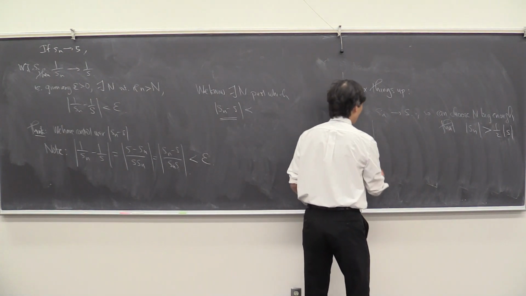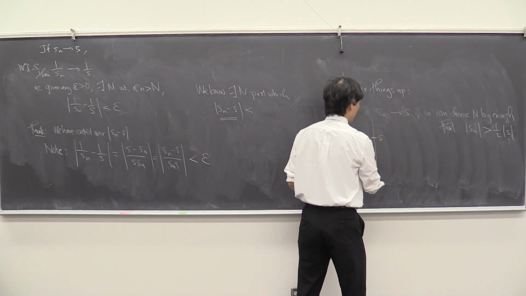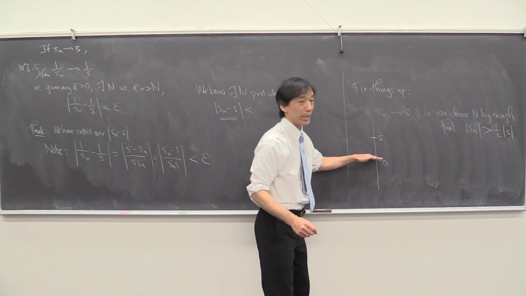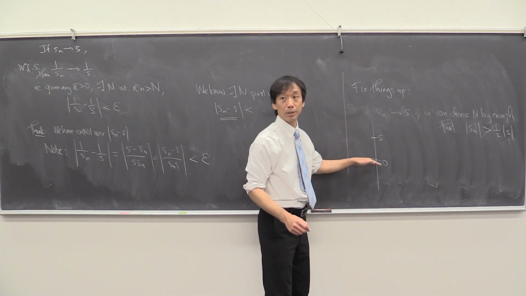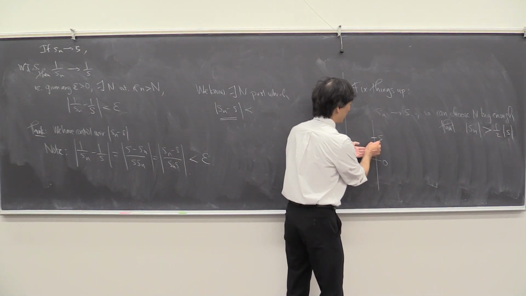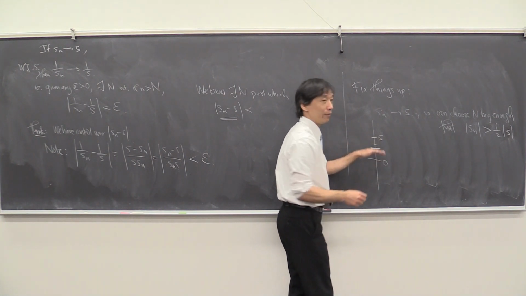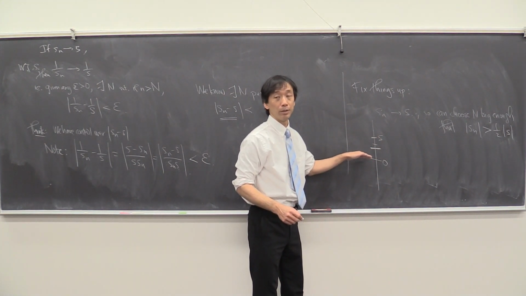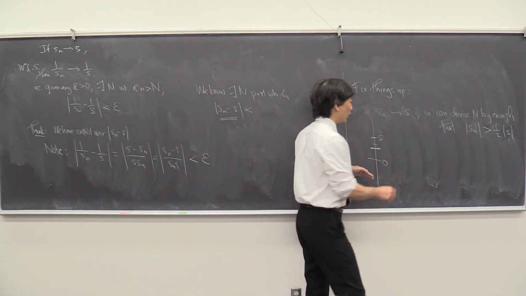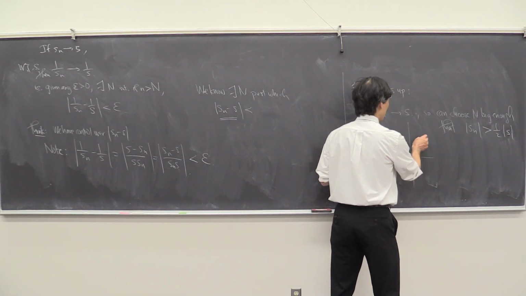If you're thinking about real numbers, say here is S and here is 0. We know that S of n is converging to S, so there's going to be a time past which it's more than half of the magnitude. Or these are actually complex numbers.